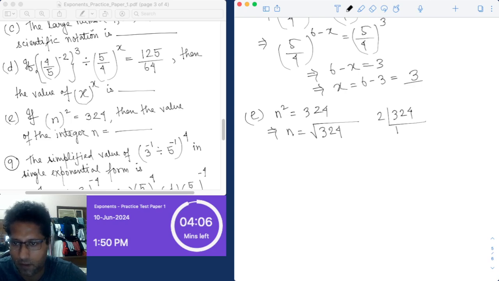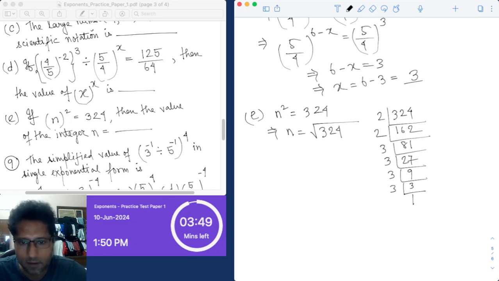This is 2 into 162, this is 2 into 81, this is 3 into 27, this is 3 into 9, 3, 3, 1.